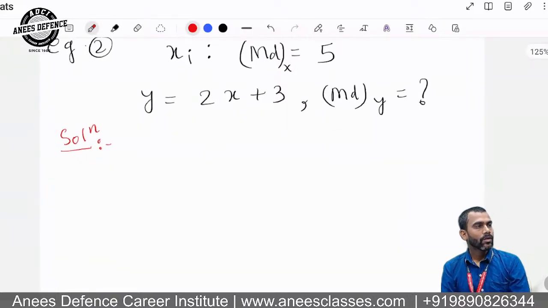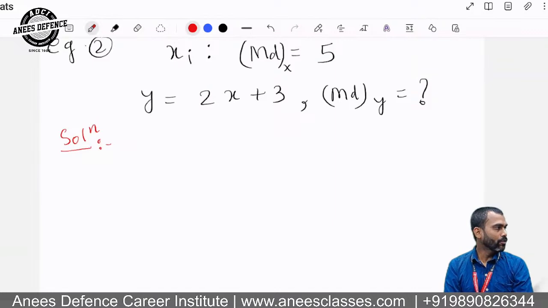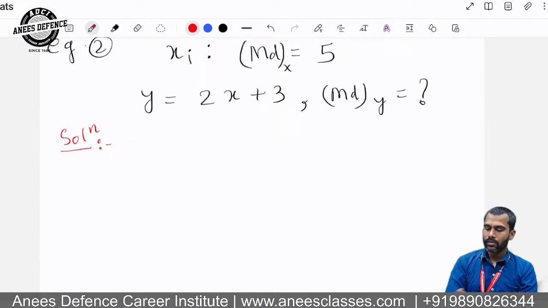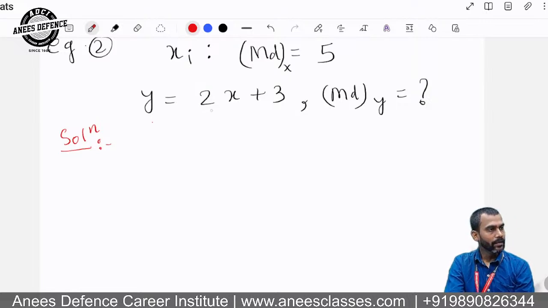What we need to do? As we already know, whatever changes you make on the observations, the same changes will be reflected for median. Yes or no? So very easy. Since y is equal to 2 times x plus 3, you are just multiplying by 2 and then adding 3.